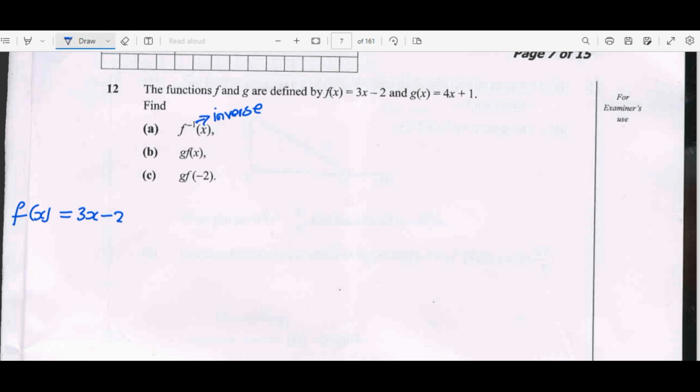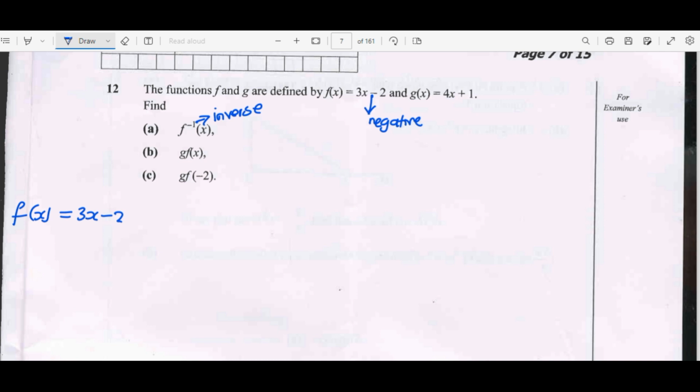Now let's go back to our question. If you look at the sign of the original function that we have, the negative sign, the inverse will form a positive sign. So that's number 1.